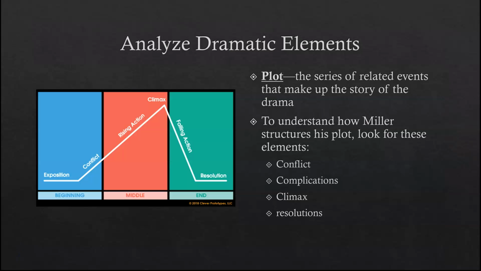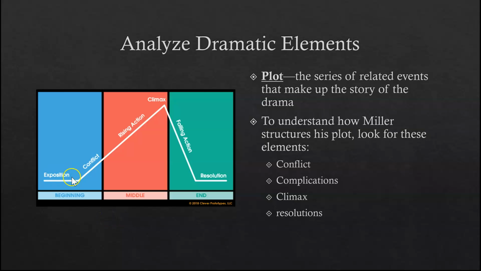Now let's look at analyzing several of these dramatic elements. So plot is the series of related events that make up the story of the drama. To understand how Miller structures his plot, look for these elements: conflict, complications, climax, and resolution. Now you might be familiar with this chart on the left because this is typically how plot is taught, right?